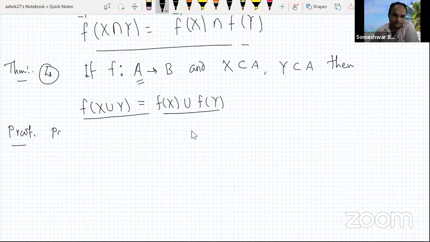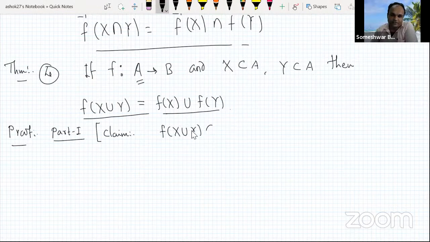So part 1, what is my claim? Our claim is that f of x union y is a subset of f of x union f of y.